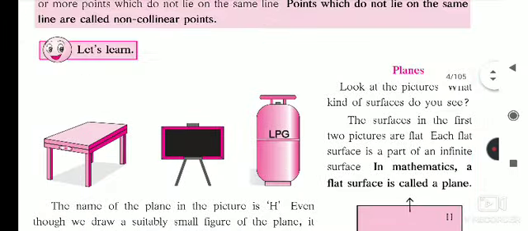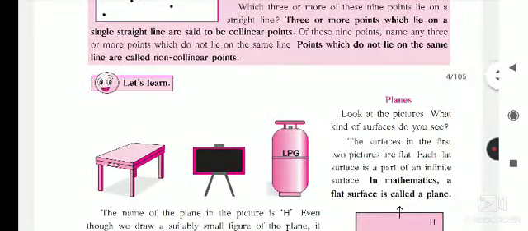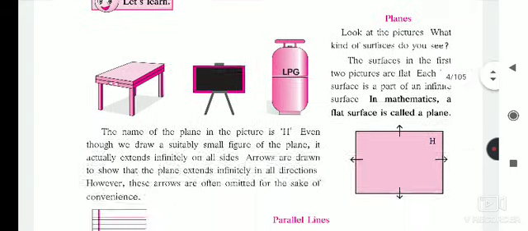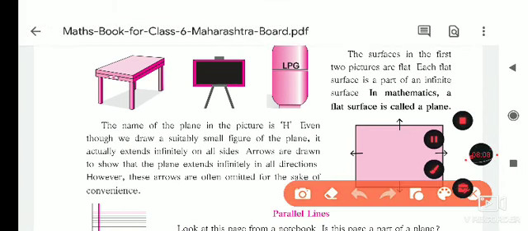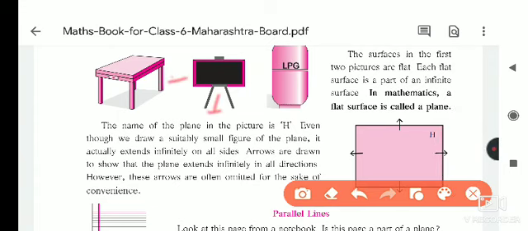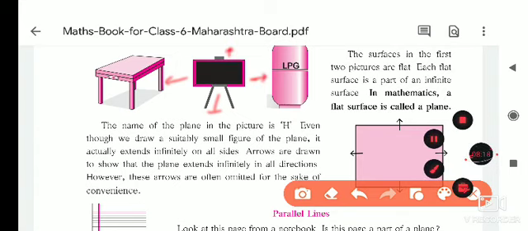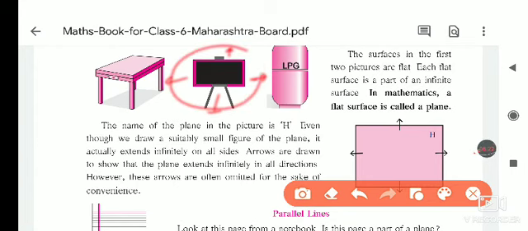Okay, then after that, today we will see the next point, that is the plane. So what is a plane? Suppose this is a blackboard. This blackboard we can extend in this way also, here also, and here also. We can extend it on all 4 sides.